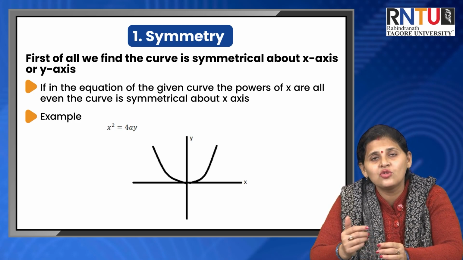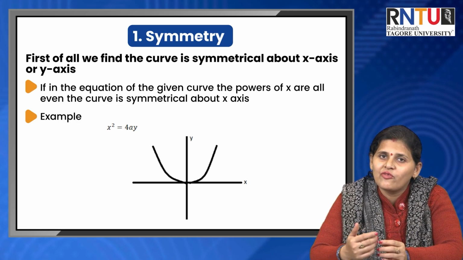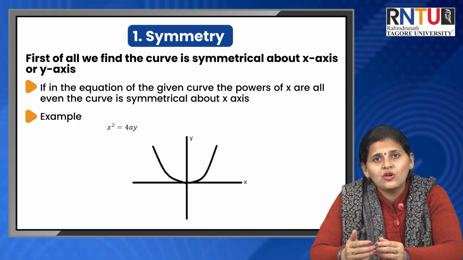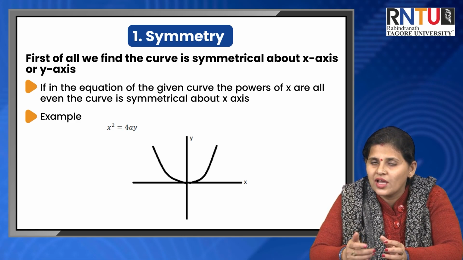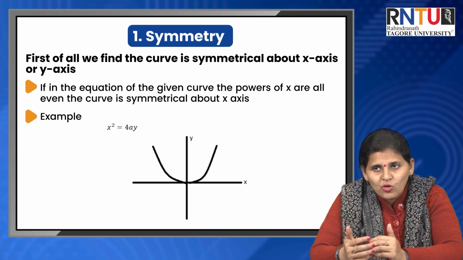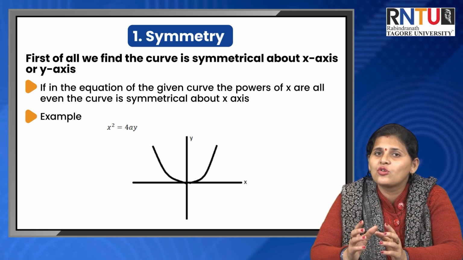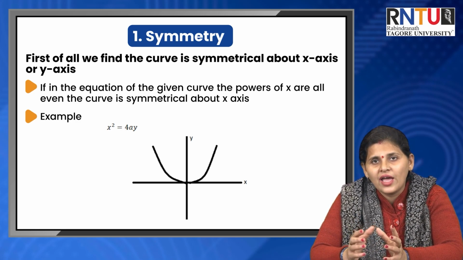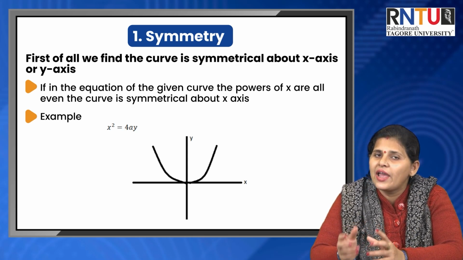First you see whether the power of x is even or the power of y is even. If the power of y is even, then the curve is symmetric about the x-axis. Symmetric means the shape on both sides of the curve is the same about the x-axis.